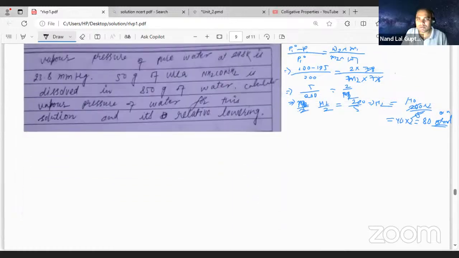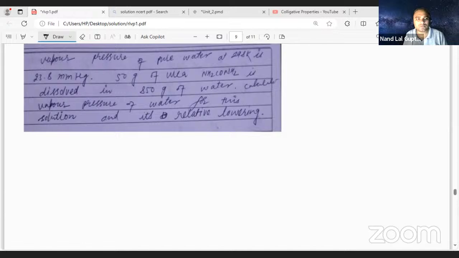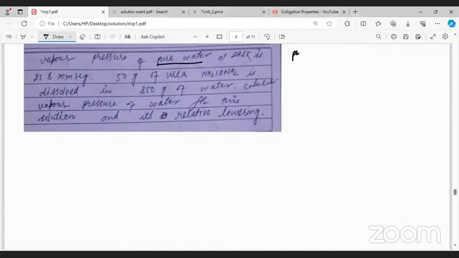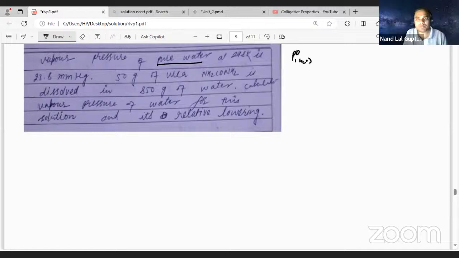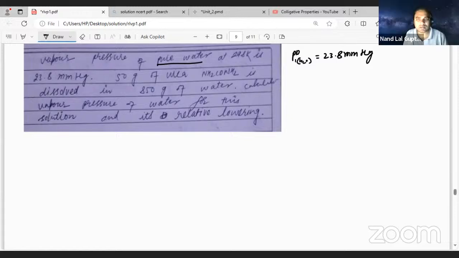This is the question. The vapor pressure of pure water at 298 Kelvin is given: P1 naught for H2O is 23.8 mmHg. 50 gram of urea is dissolved in 850 gram of water.